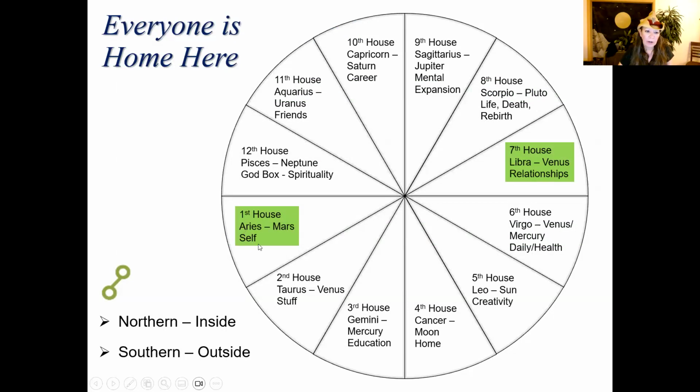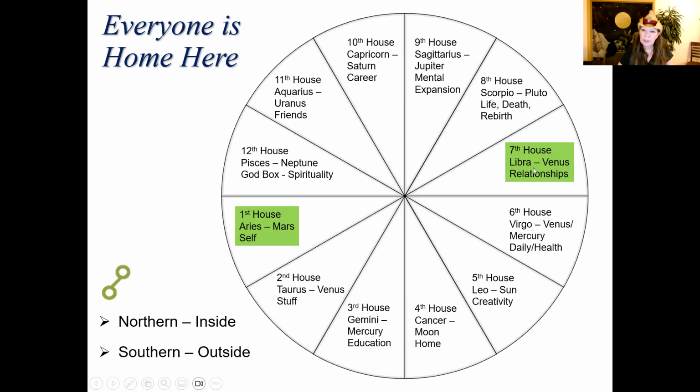Here, the fire sign Aries, first house, Mars, the self, is opposite the seventh house, Libra energy, an air sign, Venus, relationships. Wait a second. Remember when we were talking about the northern hemisphere and the southern hemisphere? Even though these are opposite signs, they actually have something very much in common: the self versus relationships.